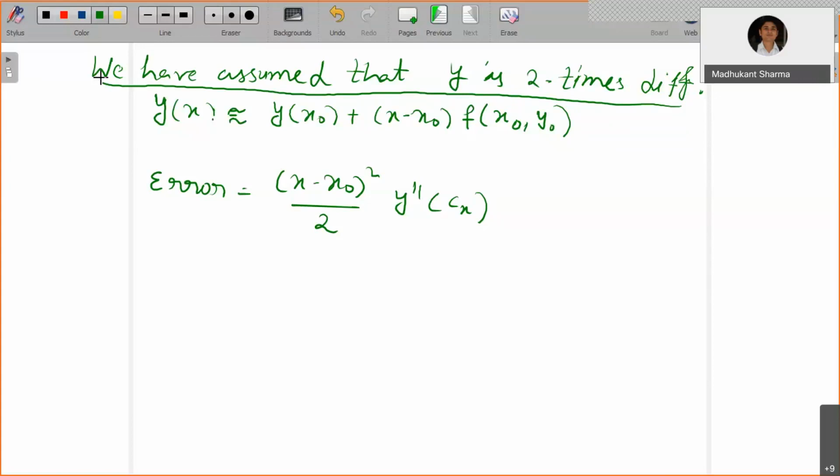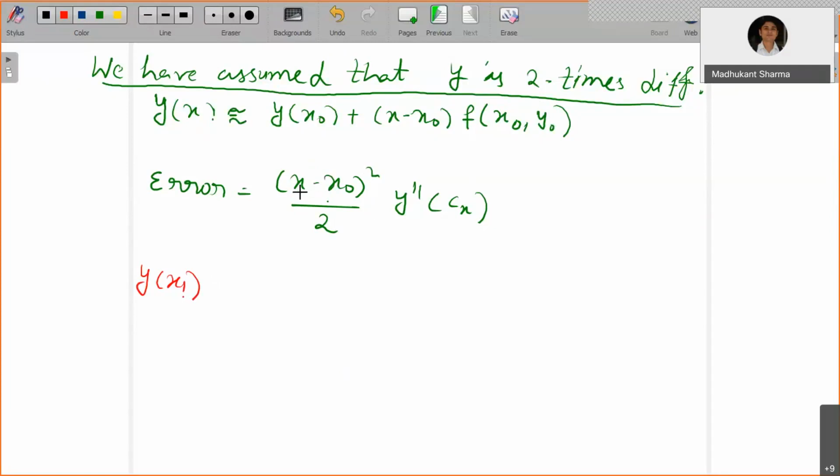Okay, so if you look for a closer point, then the error will be small. So look here: suppose you go from x naught to x1, and let's say you are going to find y at x1. Then x1 minus x naught whole square will be present in the error term.